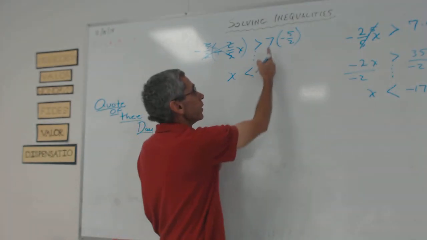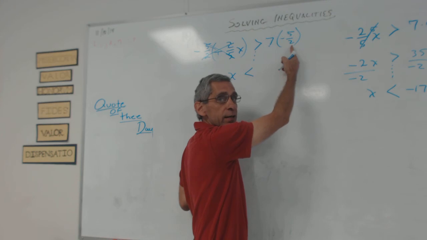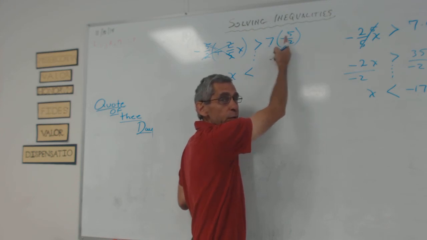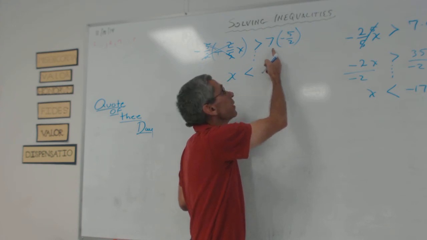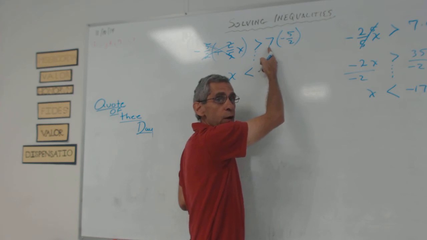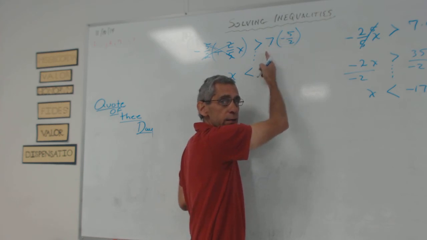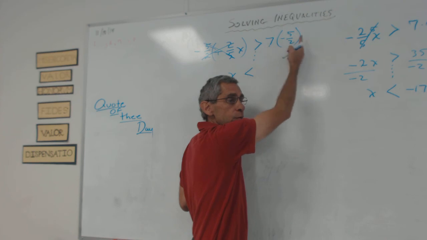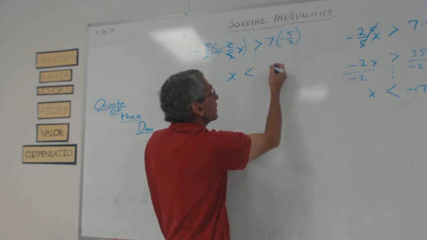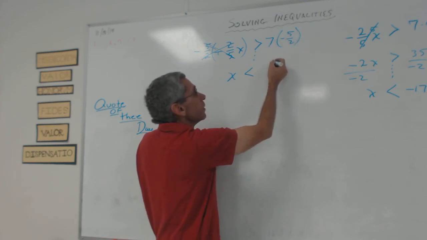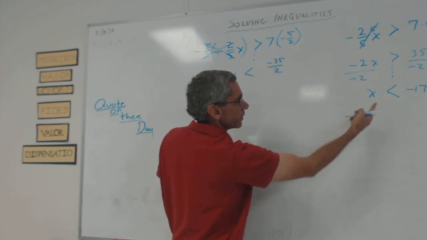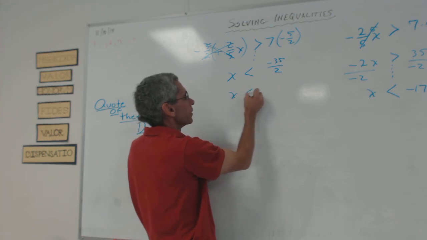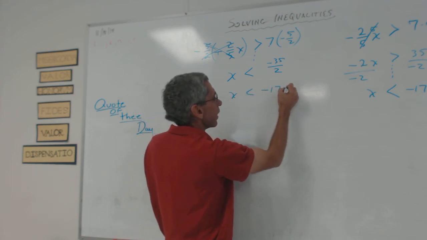When it's a whole number times a fraction, the whole number multiplies the numerator, because it was 7 over 1. So 7 times negative 5 is negative 35, so negative 35 over 2, which is negative 17.5. So x is less than negative 17.5.